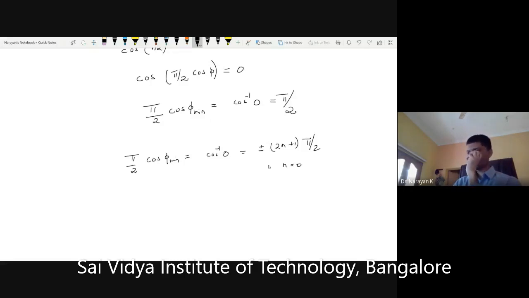It comes back to the same value. So pi by 2 cos phi minimum is equal to plus minus pi by 2. So pi by 2 will get cancelled. You will get cos phi minimum is equal to plus minus 1.